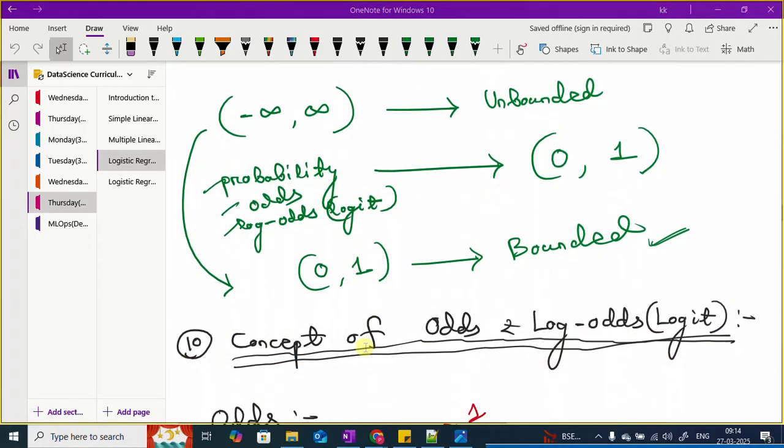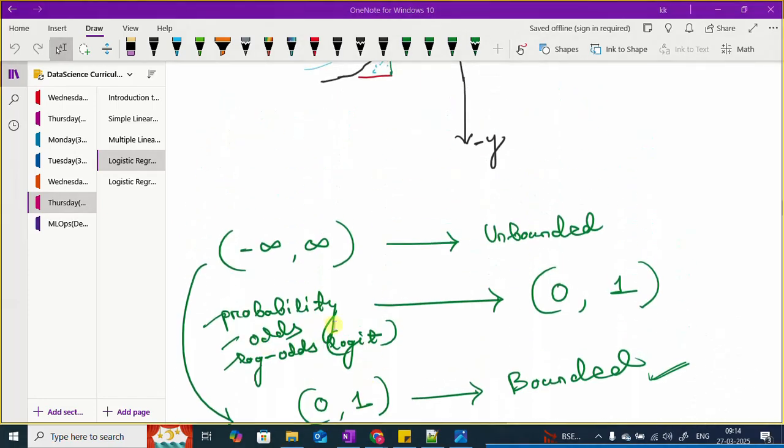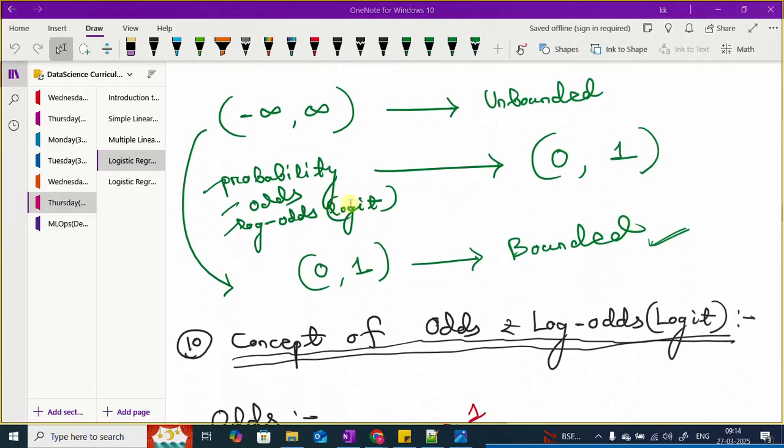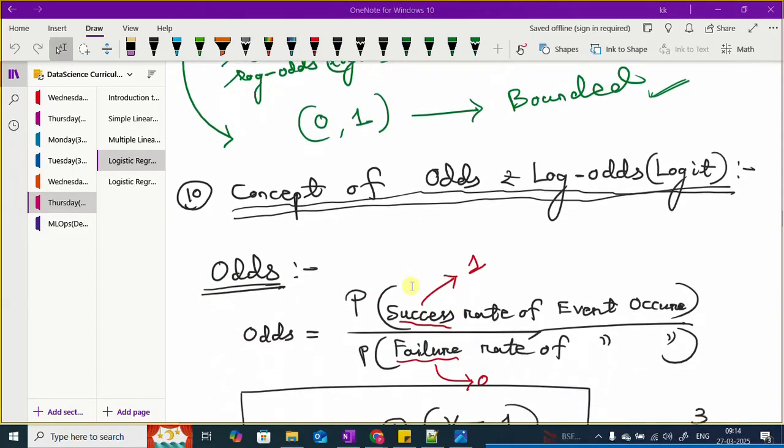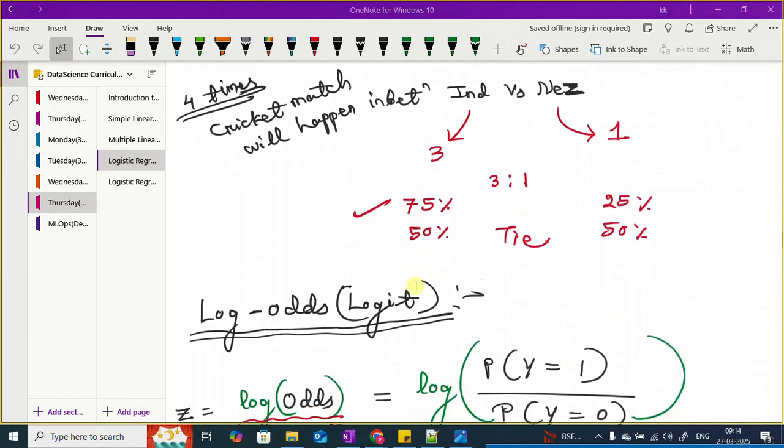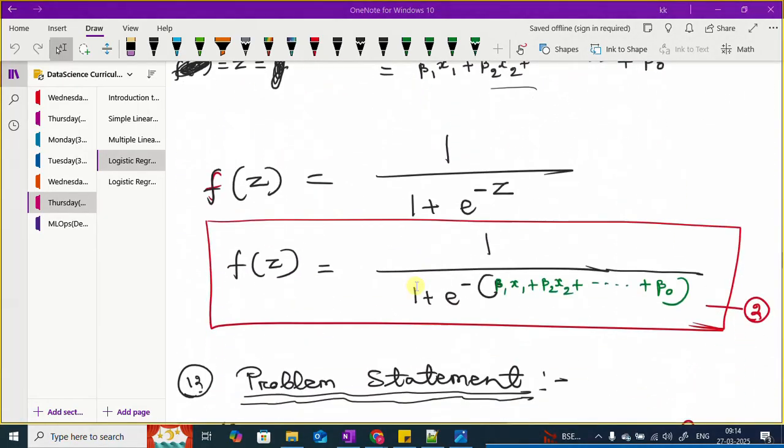Mathematically, because I'm taking the probability or log odds, the range of minus infinity to plus infinity is compressed between 0 and 1. That's why I'm making it bounded. Then we have seen the concept of odds and log odds, and we derived different formulas altogether.